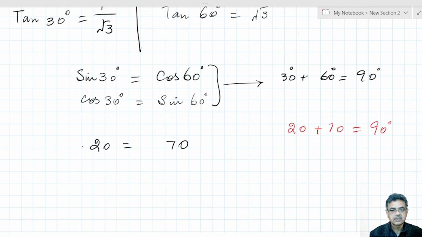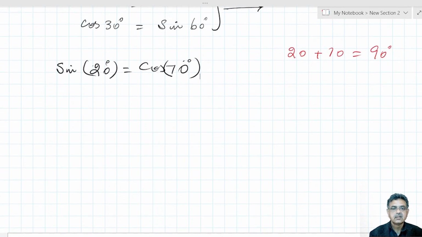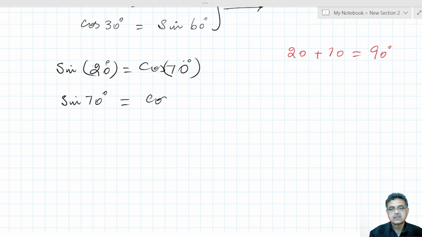Cos with 20 and sine with 70 makes no difference, because in both cases sine 20 degrees is equal to cos 70 degrees, or you can say that sine 70 degrees is equal to cos 20 degrees.